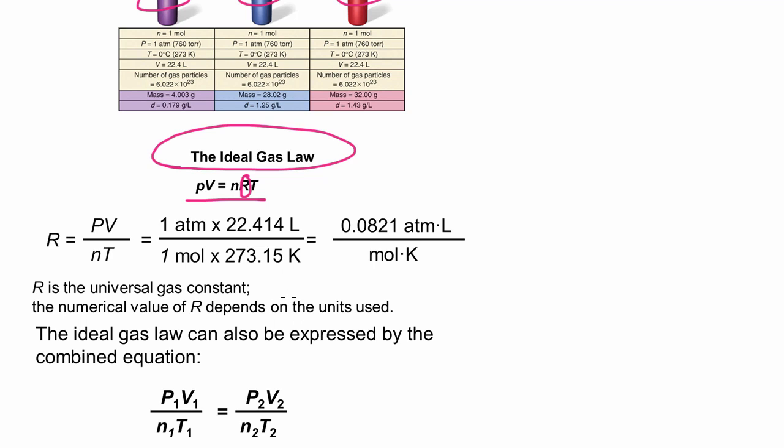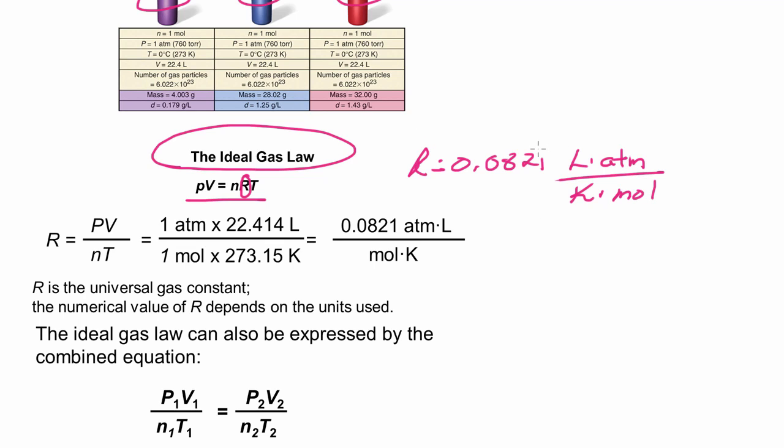All right. The one that I use is where R is equal to 0.0821 liters times atmospheres over Kelvin times mole. Okay, so that's the one I use.